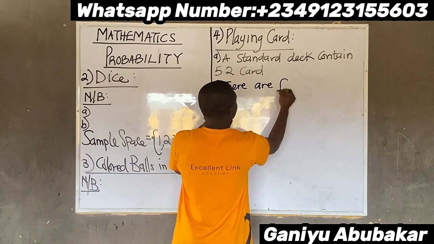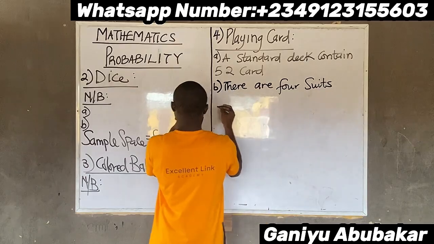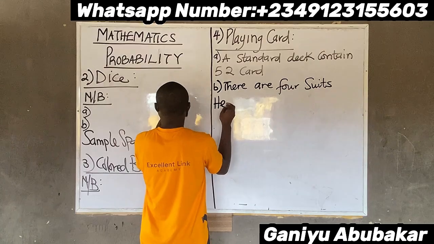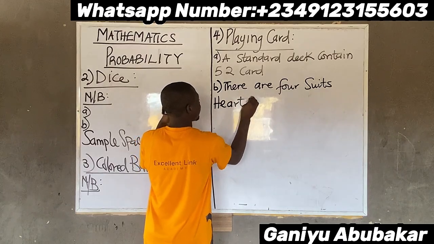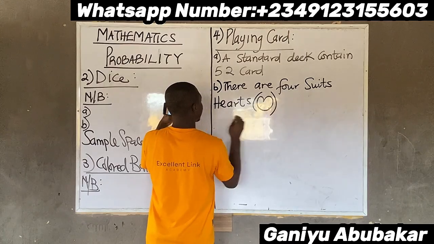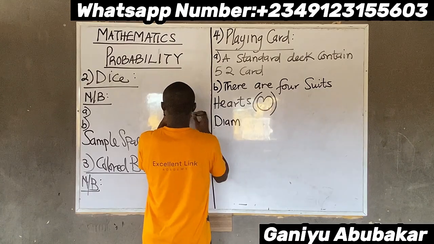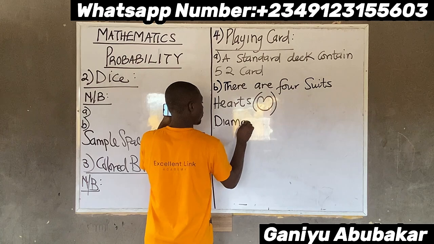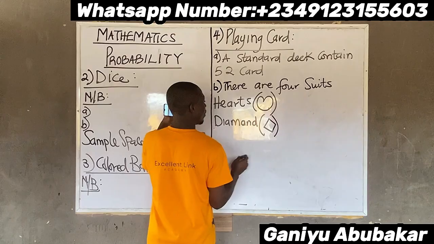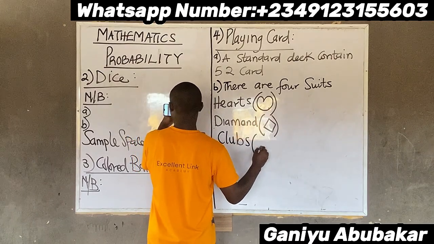Number 2, there are 4 suits. We have the hearts, something like this. We have diamonds, something like this.